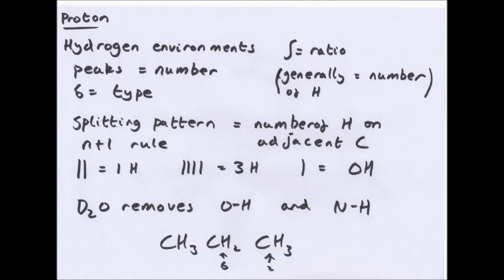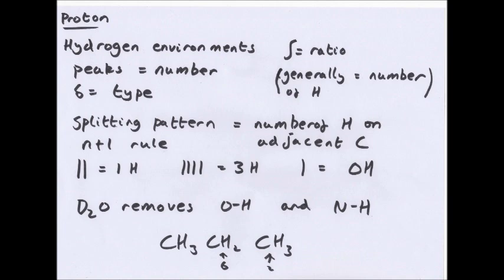So if you have CH3, CH2, CH3, on the CH3 there are 2 hydrogens on the adjacent carbon, which means you would get a triplet as a splitting pattern. On the CH2 there are 6 hydrogens on the adjacent carbons, because you've got 3 on one side, 3 on the other, which means you would get a septet, or heptet, sorry, heptet.